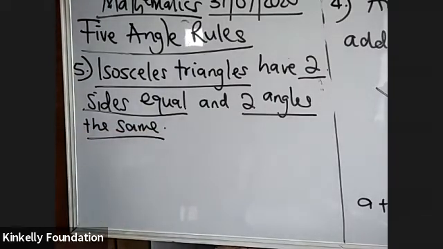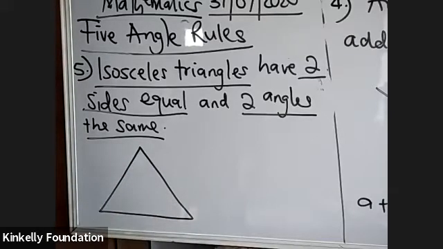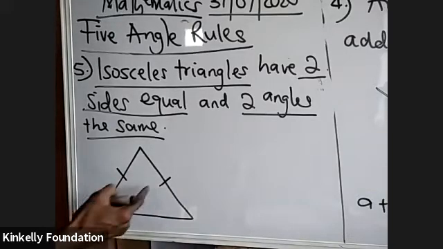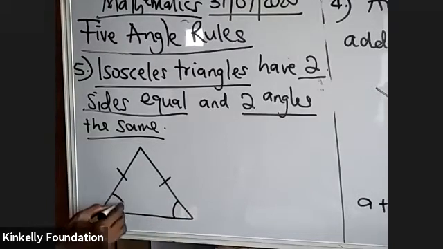Now, if we happen to draw an isosceles triangle like this, now we mark these things. This mark you are seeing here shows that the angle here is equal to the angle here.